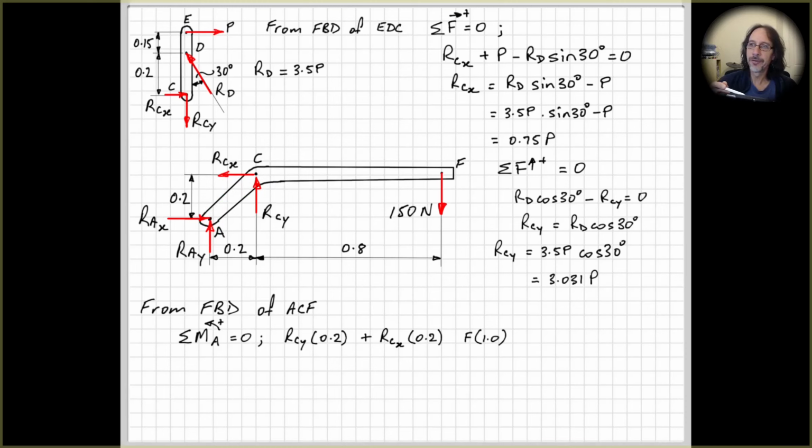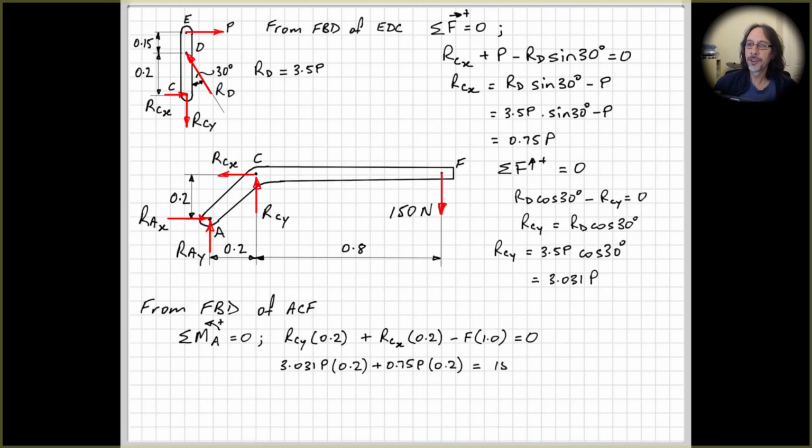And then we have our force out on the end here from our compressed spring times perpendicular distance, which is from here out to here, which is 1 meter, tending to rotate clockwise. So therefore a negative moment, all equal to 0.